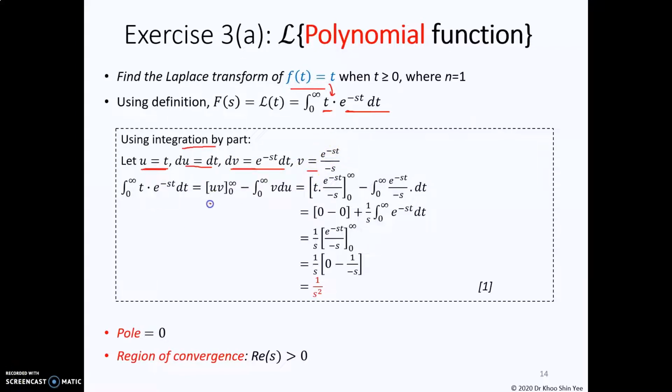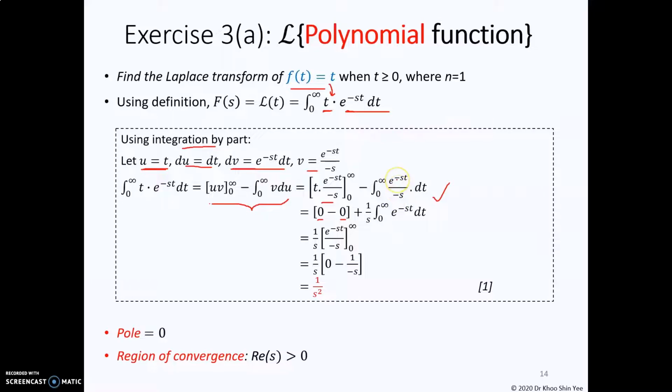So for the integration by parts, you have uv minus integral of v du. So substitute all the uv and v du inside, you get this. So for this part, substitute infinity inside, you get exponential negative infinity. So this is 0. Substitute 0 inside t here, 0 multiplies everything, you get 0 as well.